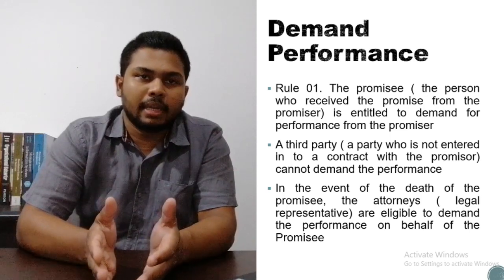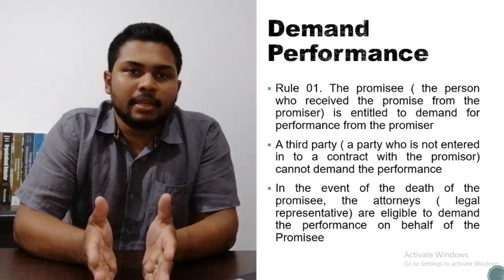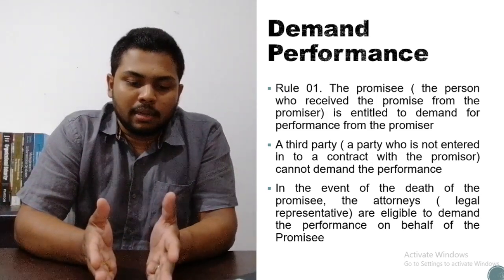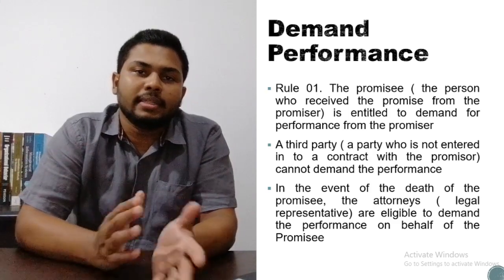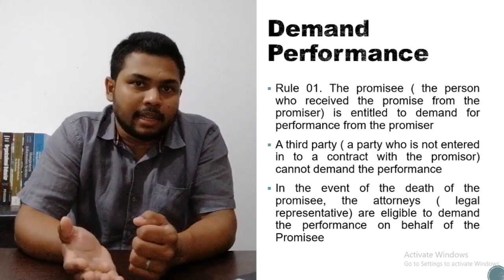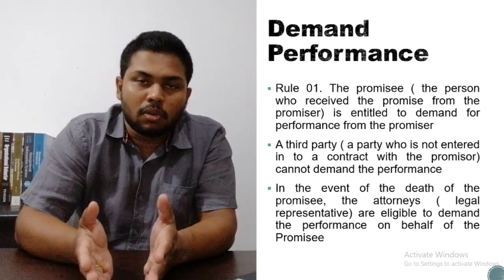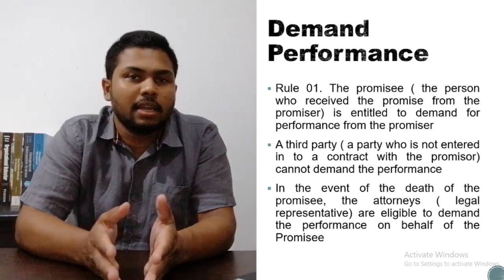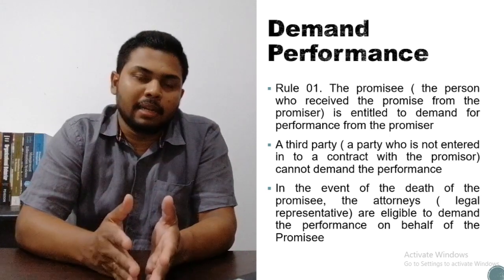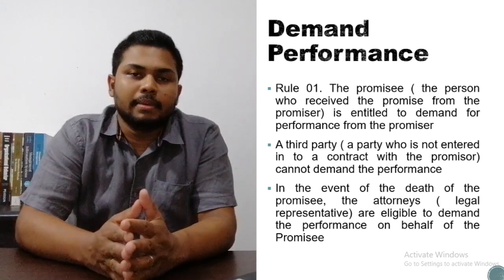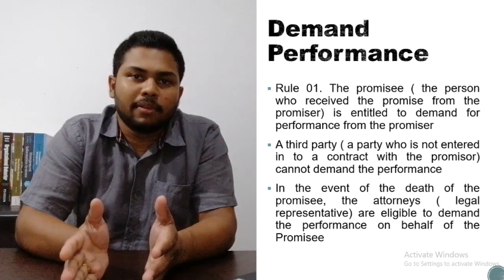Let's take two names. Nimal is the promisor and Sunil is the promisee. Nimal, as the promisor, has the liability to perform all these acts to the promisee, Sunil. So if Nimal doesn't perform well, or in case of breach of any of the performance, or in case of inability to perform the contract, Sunil can demand for it.